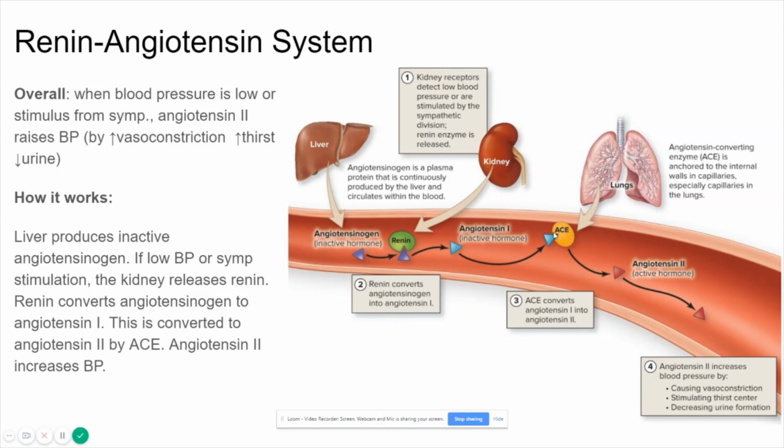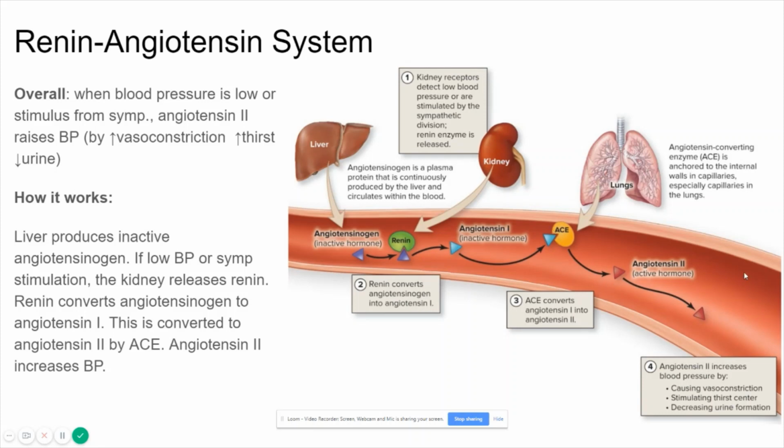And you may know there's a class of drugs that are called ACE inhibitors, and they inhibit this enzyme here. Those ACE inhibitors can reduce your blood pressure or prevent your blood pressure from getting too high by preventing the action of this enzyme.